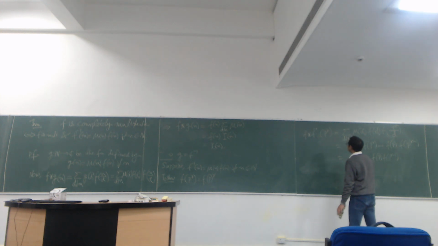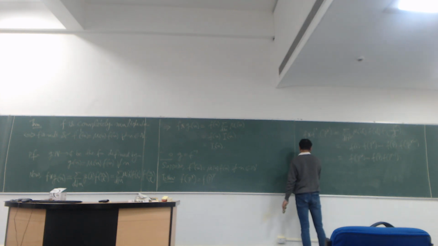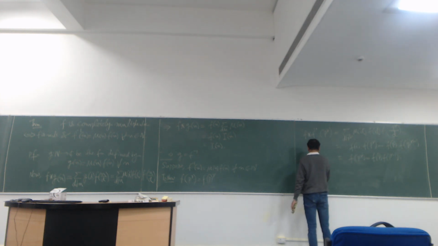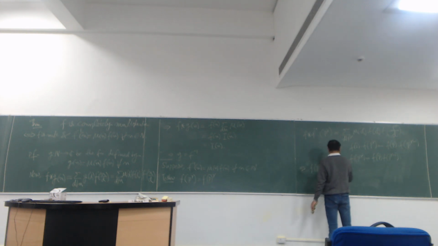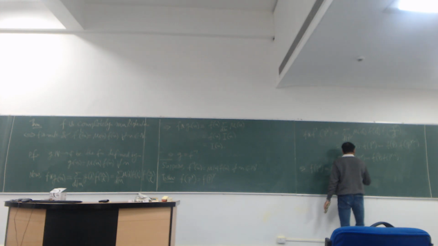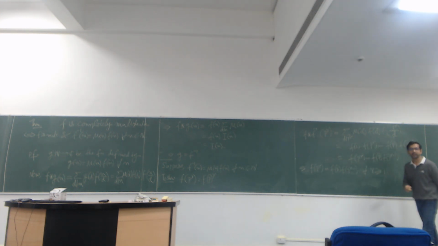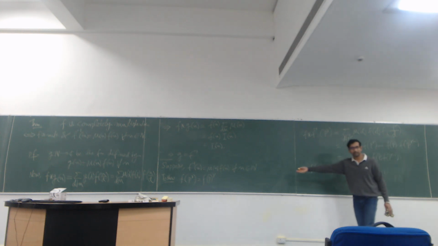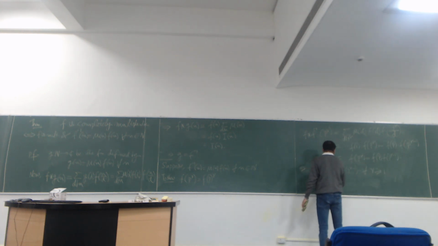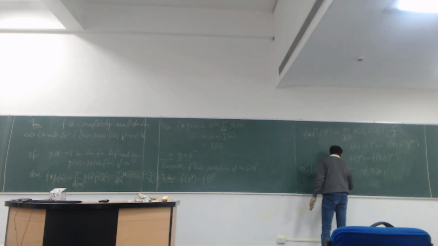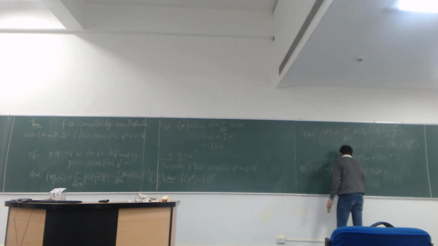So that would imply that f of p^r is equal to f of p times f of p^(r-1) for all r greater than or equal to 1. From which it follows that f of p power r is f of p to the r.